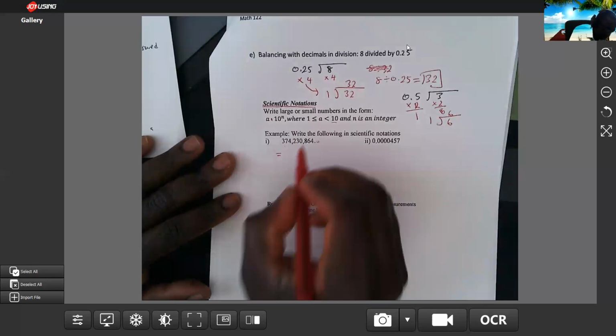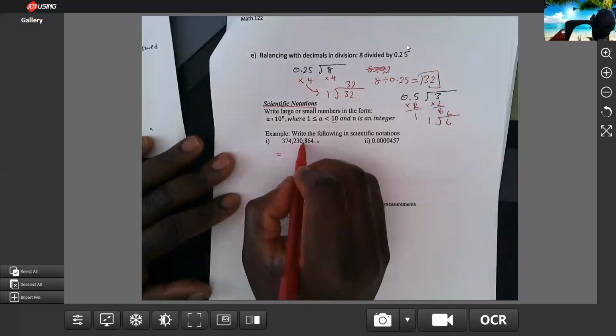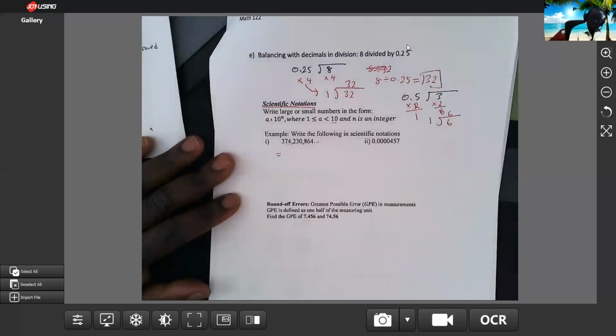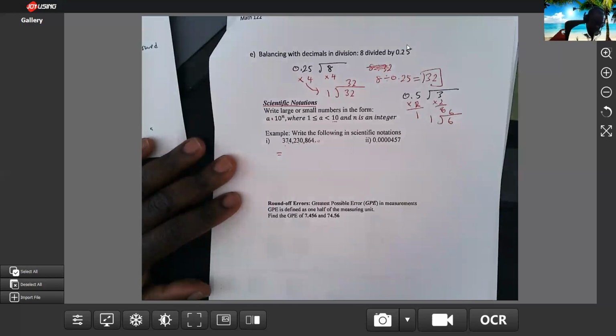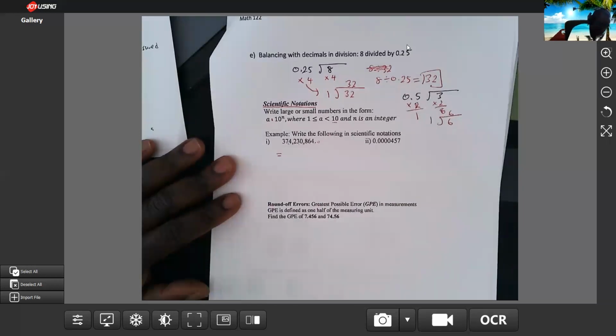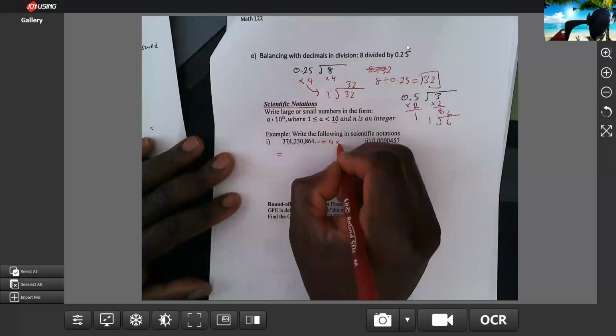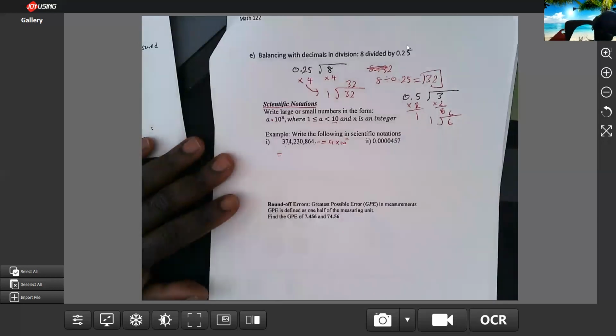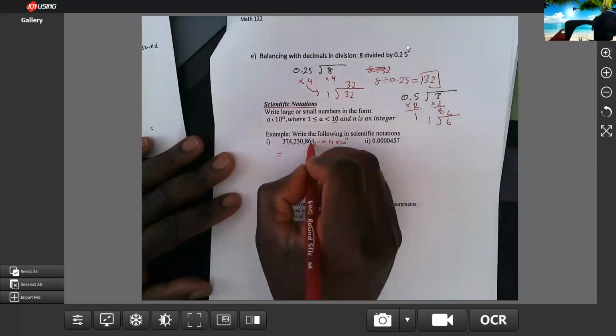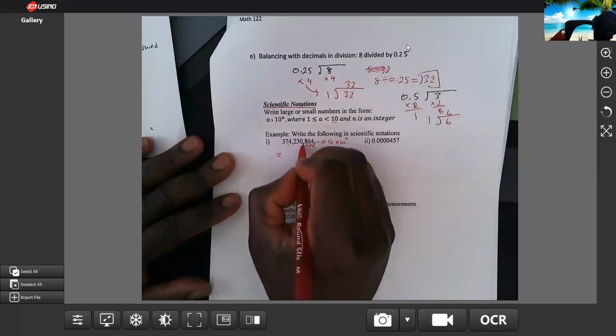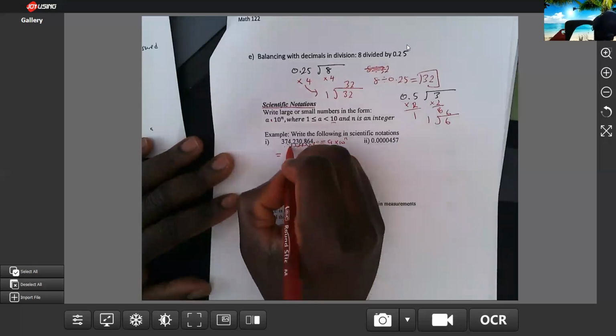Now if I move it backwards, 1 2 3 4 5, I cannot write it as a 37 pointer, because 37 is greater than 10. But my a cannot be. So I'm going to write this as a times 10 to some number. Okay, so we're going to be 1 2 3 4 5 6 7 and then 8.